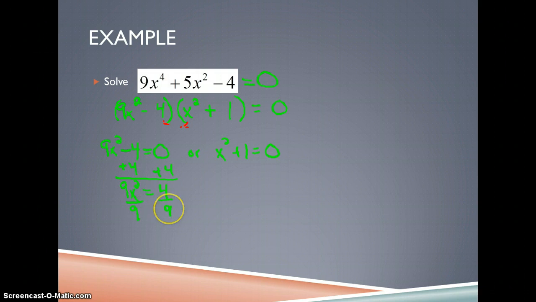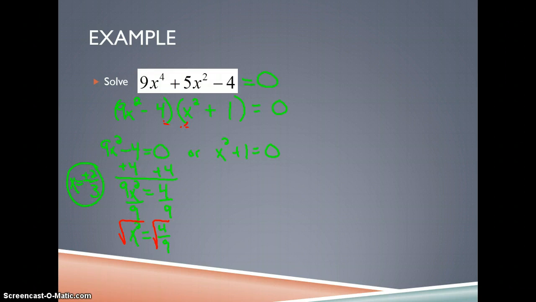Divide by 9. I get x squared equals 4/9. At this point, we would need to take the square root of both sides. Just something to remember we can do. That leaves us with x is equal to plus or minus 2/3.